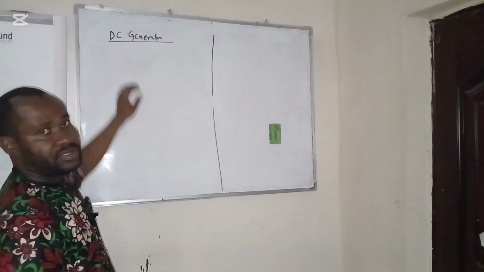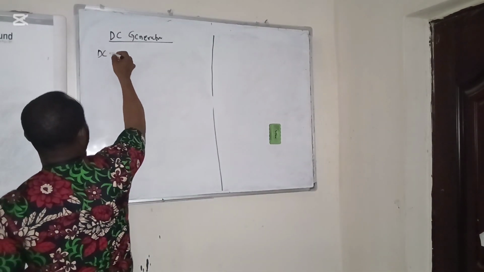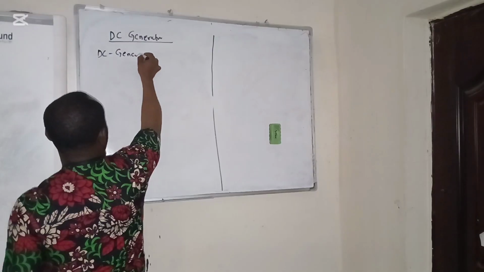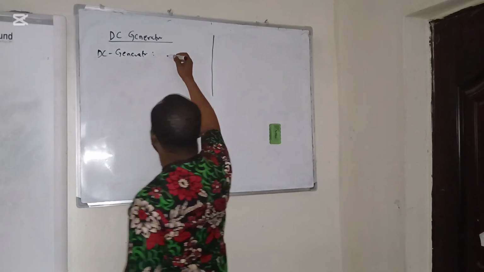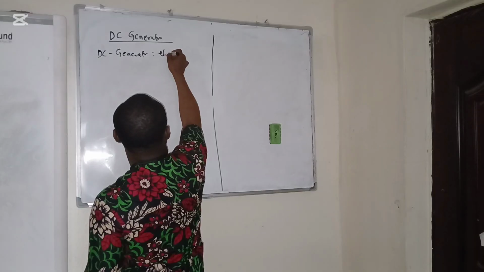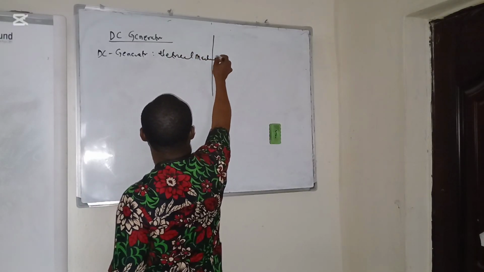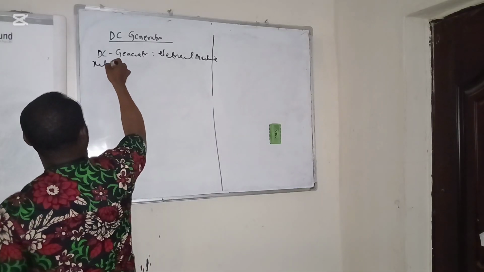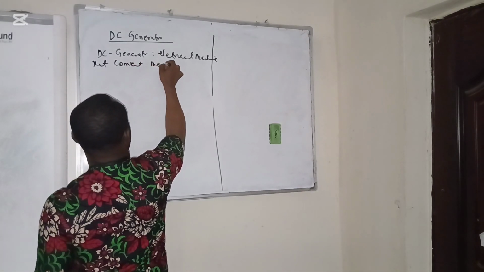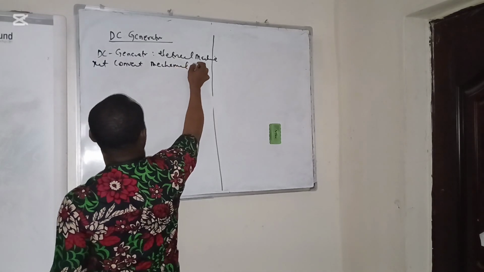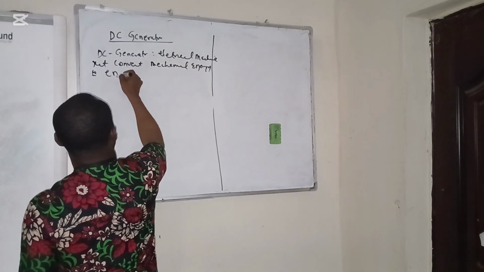Today we are looking at the DC generator. This is an electrical machine that converts mechanical energy to electrical energy.